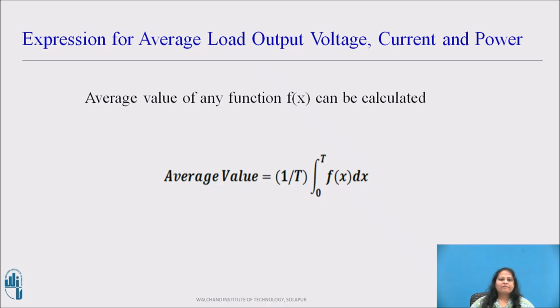Let us now derive the expression for average load output voltage, current and power. We know that average value of any function f of x can be calculated using the expression average value is equal to 1 upon T integration from 0 to T of f of x dx.